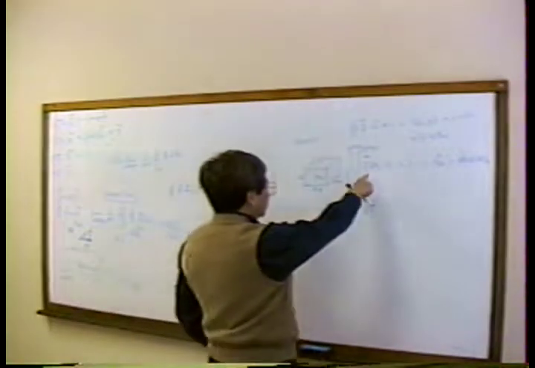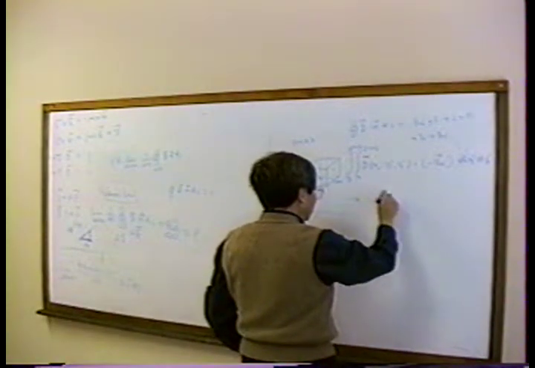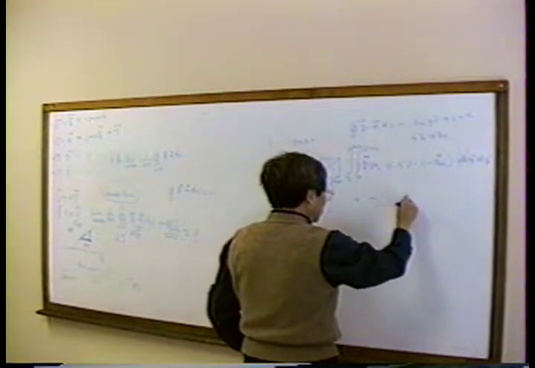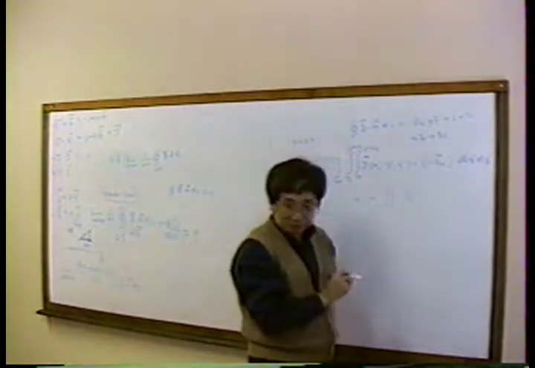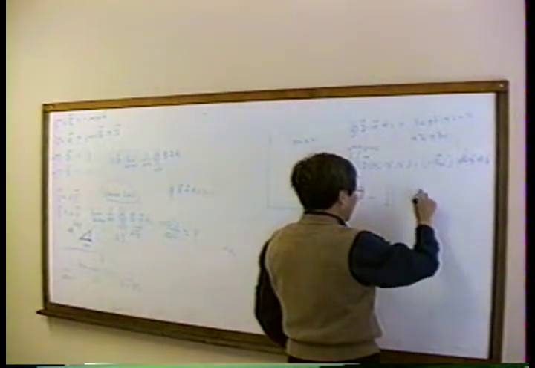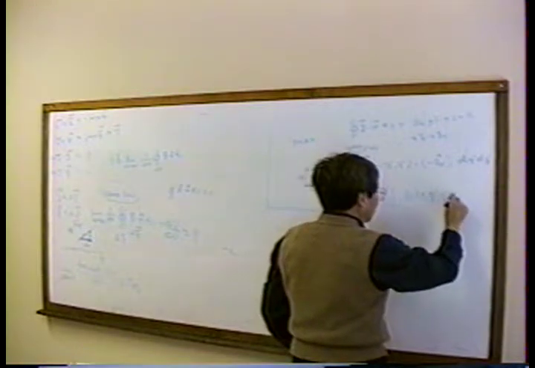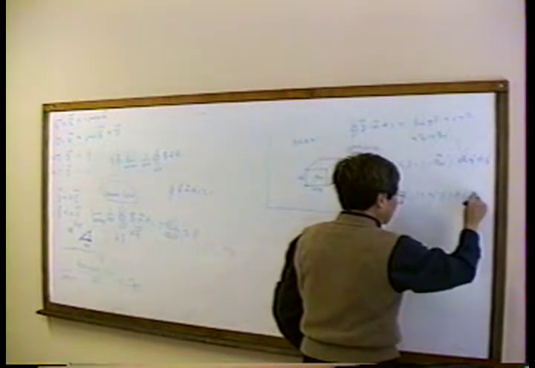So D dot minus ax becomes minus this integral, the x component of that. But there's a minus sign in front here: D_x(x, y prime, z prime) dy prime dz prime.